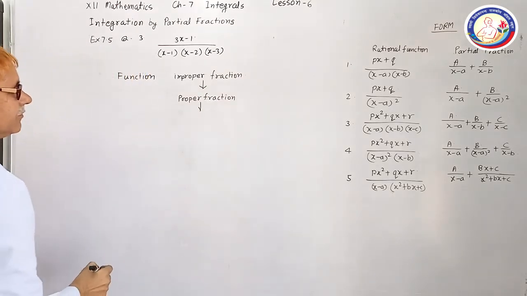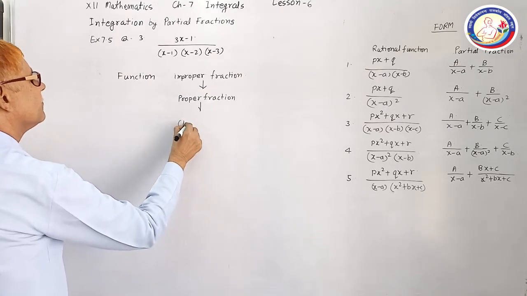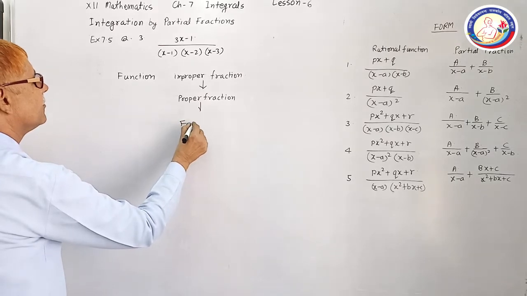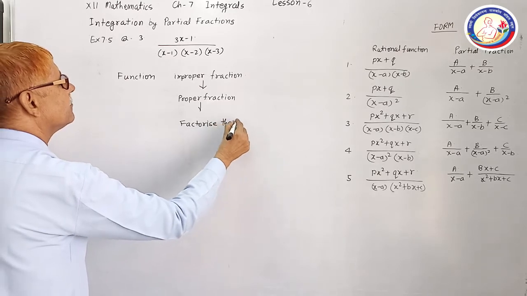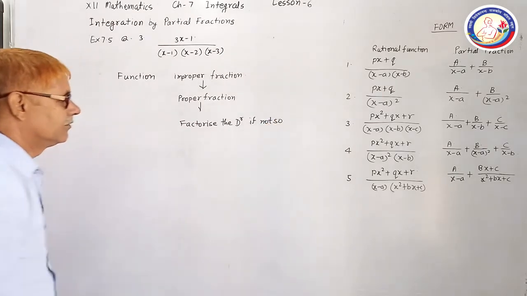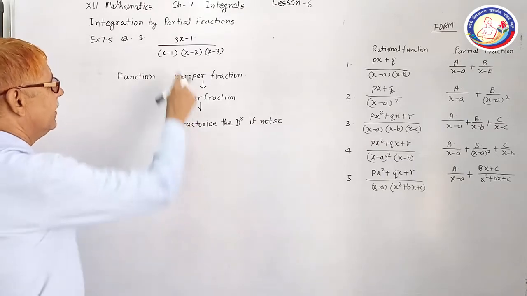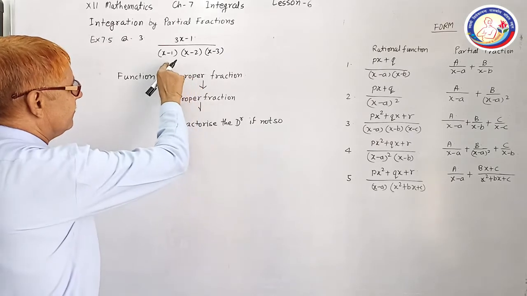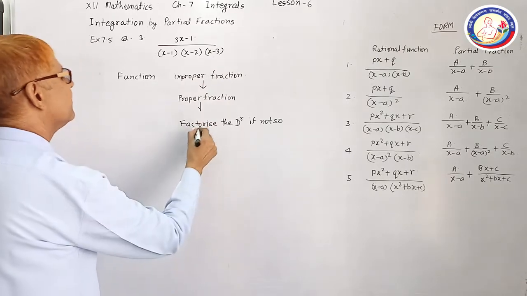Now what will we do? Factorize the denominator. Say here the factors of the denominator are given, so there is no need. If we are not given the denominator in the form of factors, then find factors.